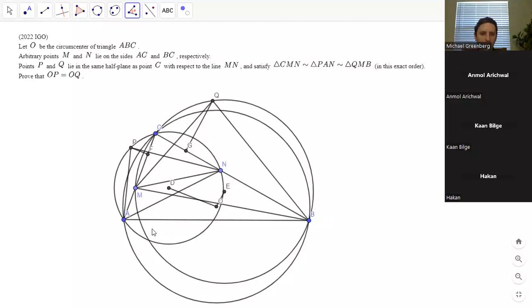So CNP, so NP and NM are, I think, isogonal, right? Maybe I'm wrong. But these are equal. Yes. So PF is PA sine of PAC, which is PA sine of CNP, which is PA sine of MNA.